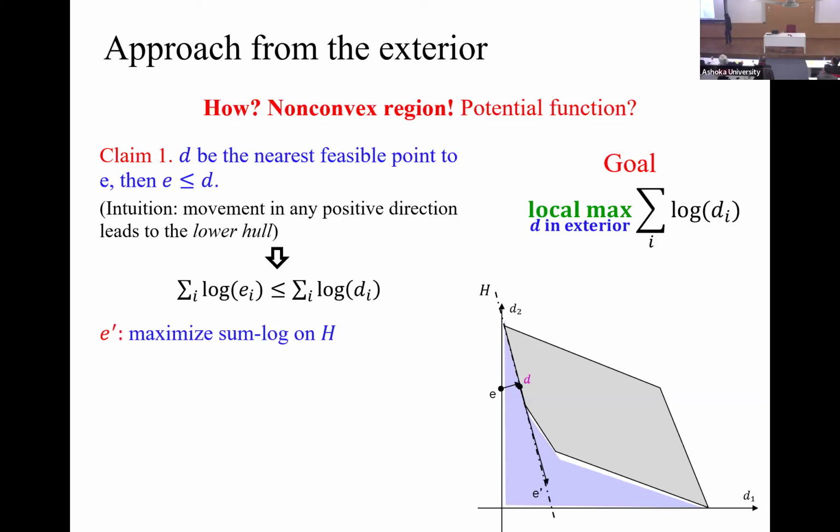Otherwise, you will go to another point which will still be in the positive orthant and below this feasible region. Why? Because you are on the supporting hyperplane, so the supporting hyperplane is never going to intersect the feasible region. It will only touch it at the boundary. And because you are maximizing, this coordinate can never go negative. So it will remain in the positive orthant.